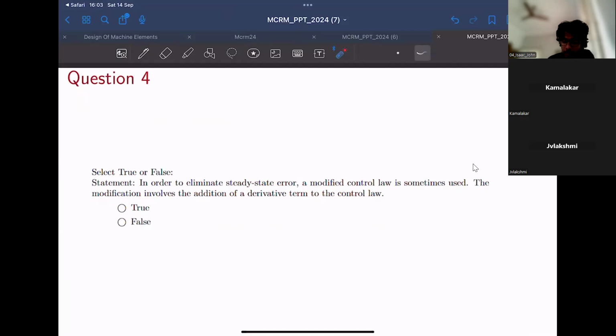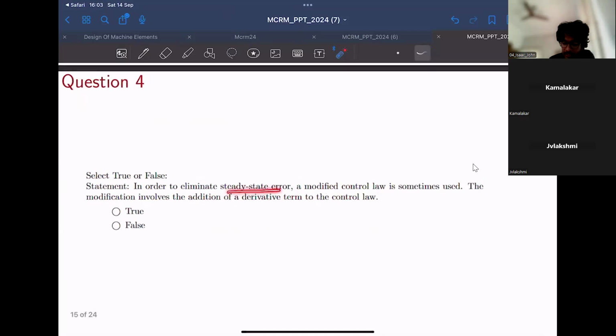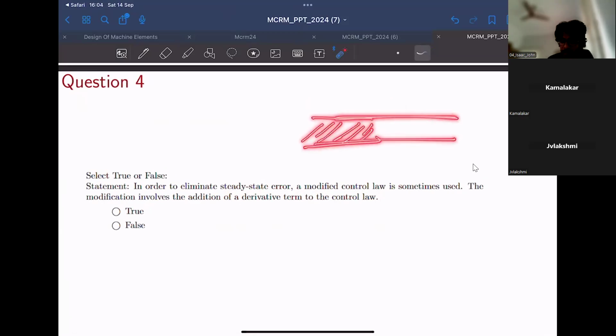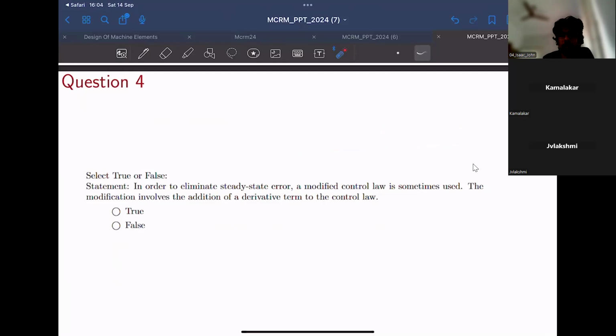Because typically when we want to eliminate this steady state error, we use this integral term. So whatever error is accumulated over time due to this small steady state error between the true value and the actual value, you will integrate this error from time t equal to 0 all the way to the current time, and you add the cumulative error as a control input.